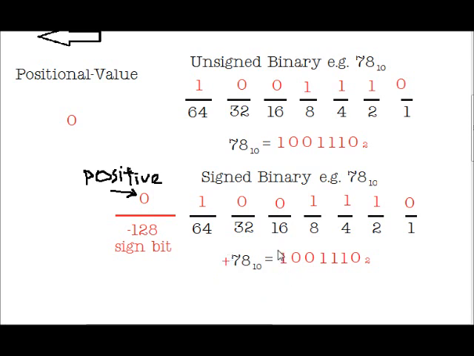So in our signed binary, to indicate that this is a positive number, we have a 0 in front, which is indicative of a positive number. So if we take all this at the top, it is going to be 0 1 0 0 1 1 1 0.